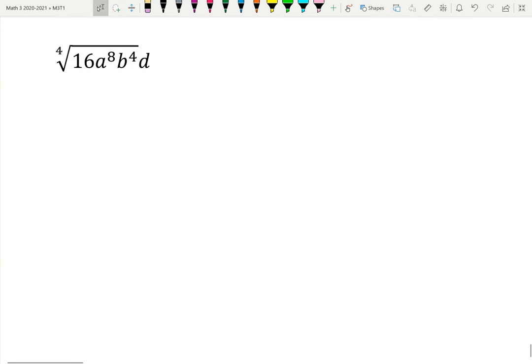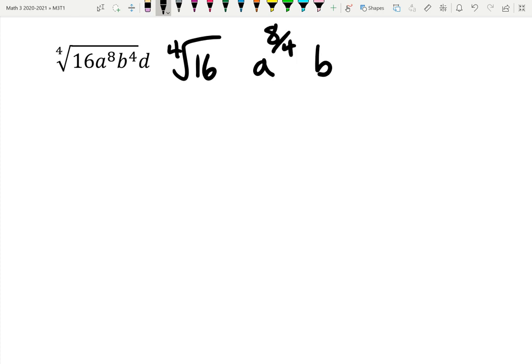All right, our final one. Again, I'm going to apply my fourth root to all terms. I have to take the fourth root of 16. It's going to be a to the 8 divided by 4, b to the 4 divided by 4, and then d does not have an exponent, so it's going to be 1 divided by 4.